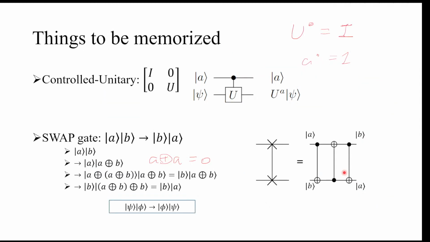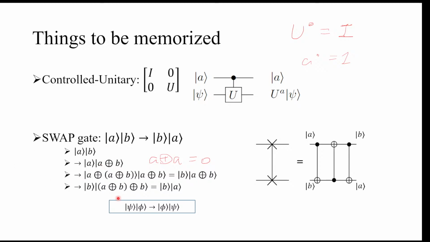And in more general, we have this controlled unitary, which will be written as this. So you have this solid dot and control line and your unitary here. So this is a controlled unitary. And if it's A here, you have U^A on the second qubit.